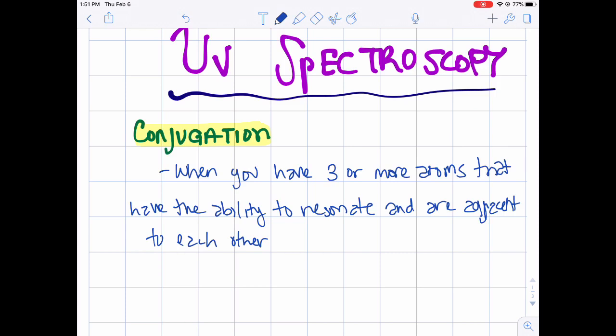So if you repeat that, it says when you have three or more atoms that have the ability to resonate and are adjacent to each other, that's when you can have conjugation.